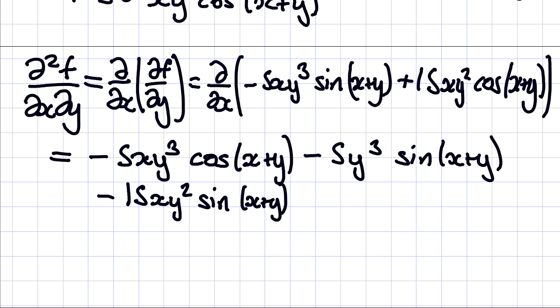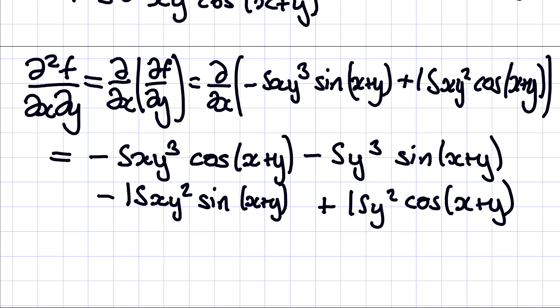And then we do v, it's cos x plus y, du dx, that's just 15y squared. Now again, we can't tidy this up, but we can check this is the same as d2f dy dx. And in fact it is, just with the terms in different order. So we're finished.